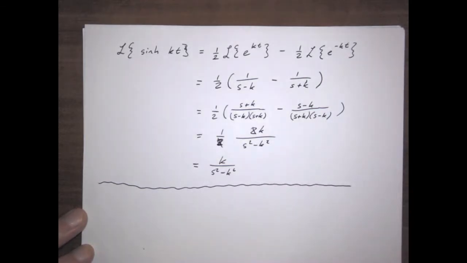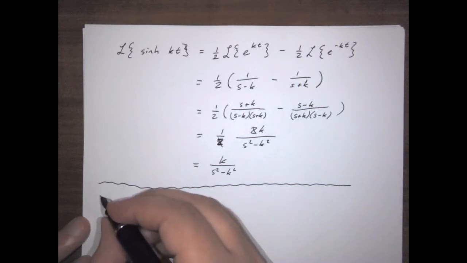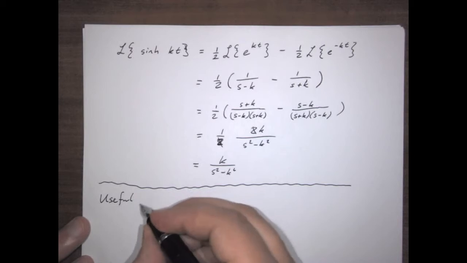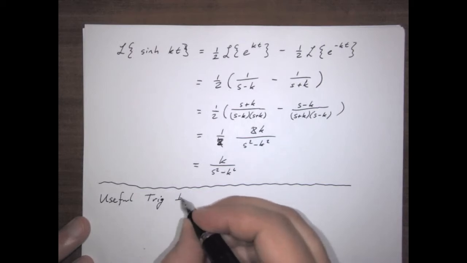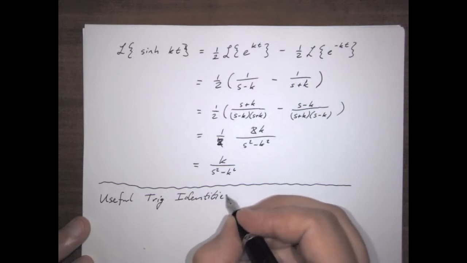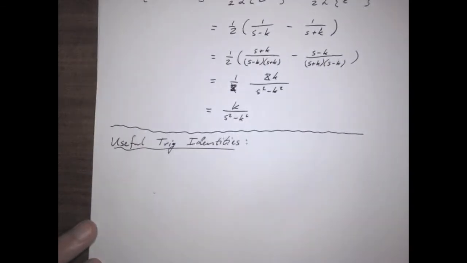Now, when it comes time to evaluating some other types of functions, it's useful to have on hand, on the tip of our tongue, some useful trig identities that we will need. These are both a consequence primarily of the cosine addition formula.